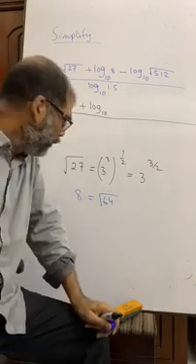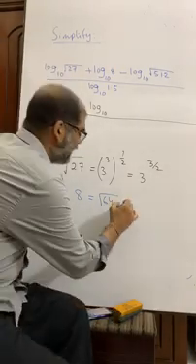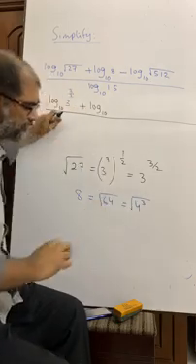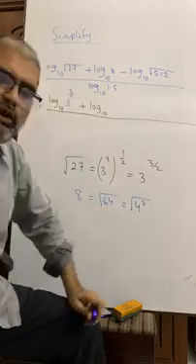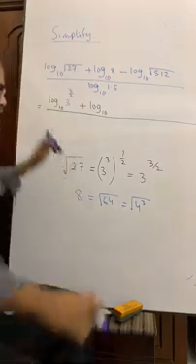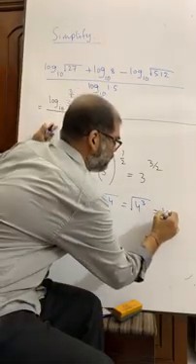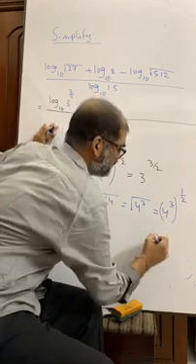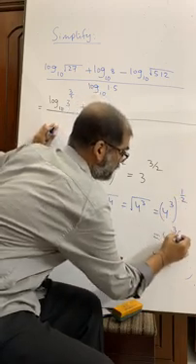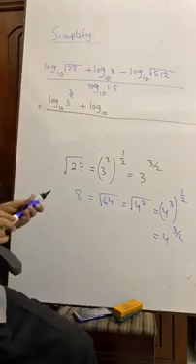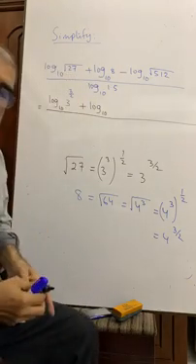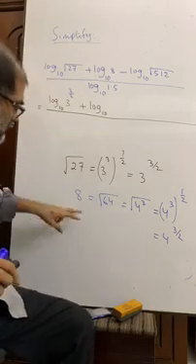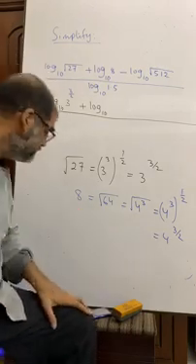Any doubt? No. Anyway, 64 means what? 4 cube. That is 4 to the power 3 power half, that is 4 to the power 3 by 2. Have you got me? You have to pay attention, okay? Otherwise it becomes very impossible. 8 means root over 64.